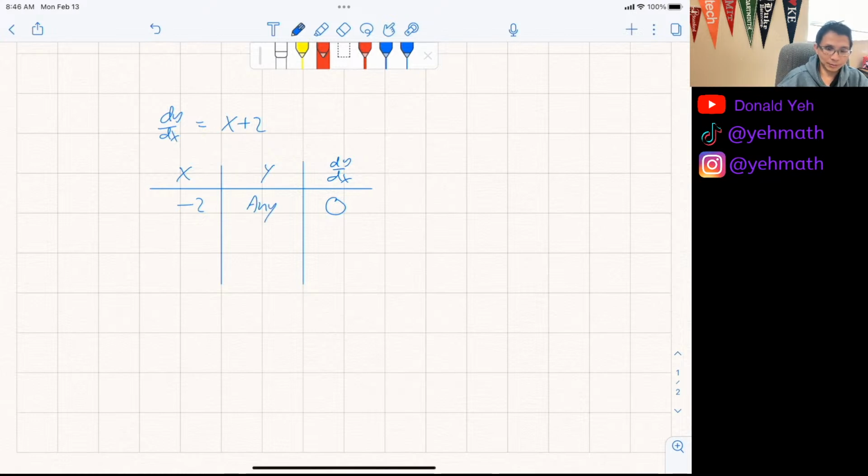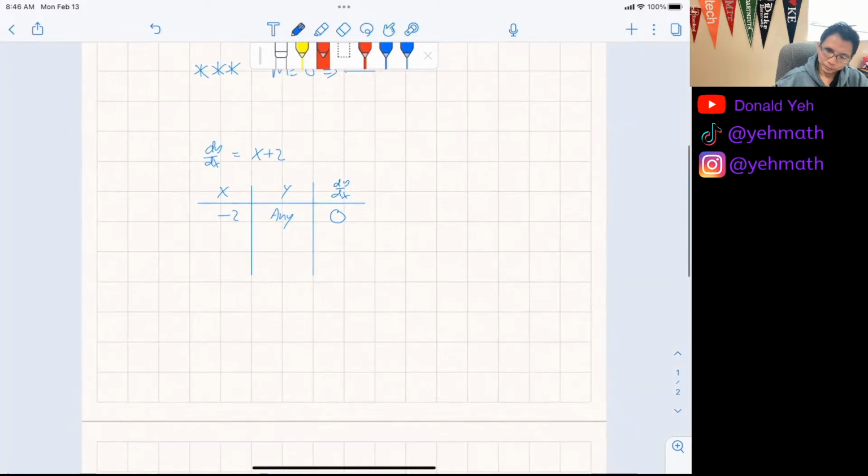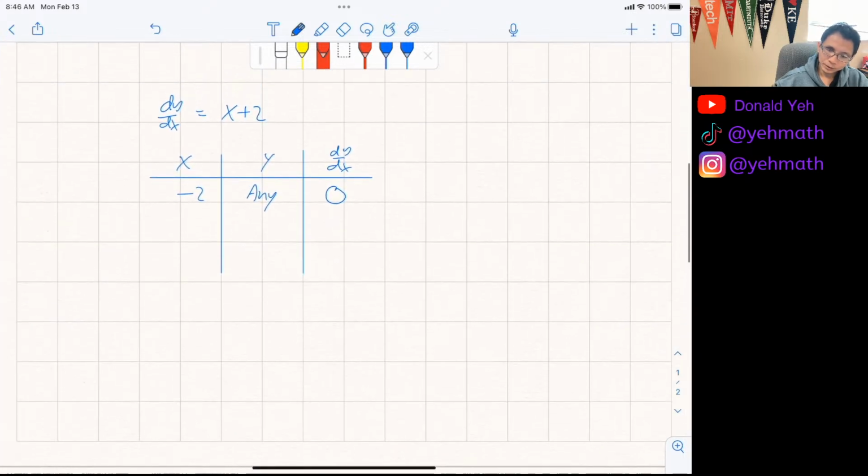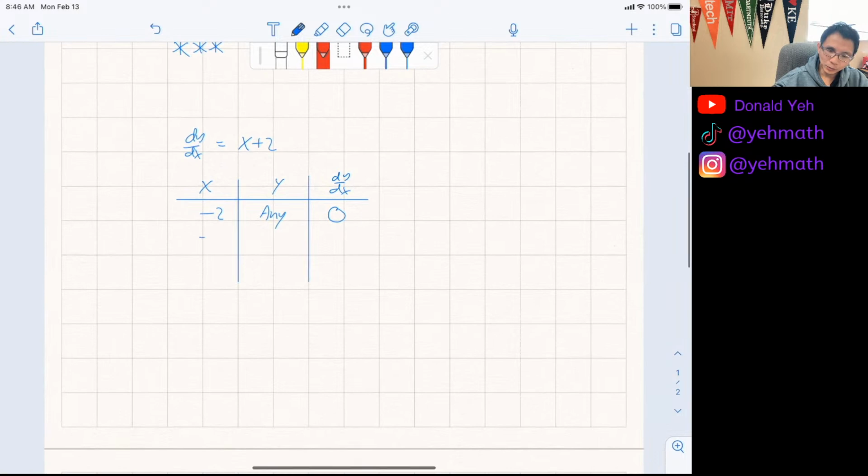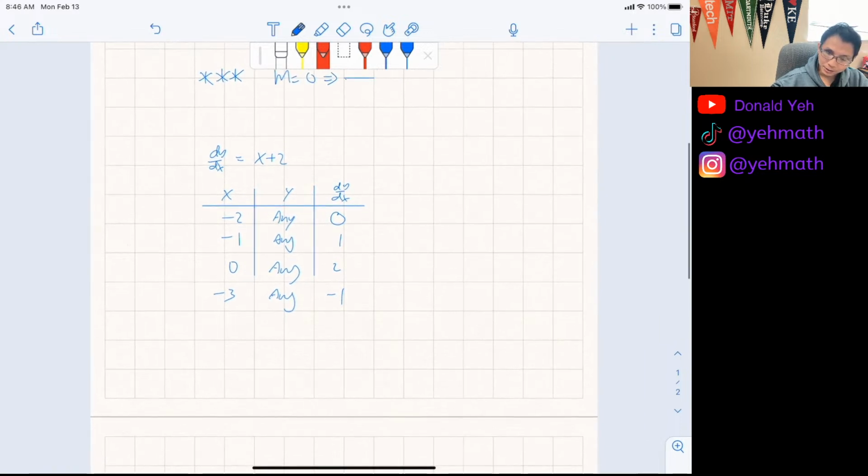So any numbers. Does that make sense? What happens if x is -1? 1. What happens if x is 0? 2. What happens at -3? -1. So okay, let's go ahead and graph those specific things.